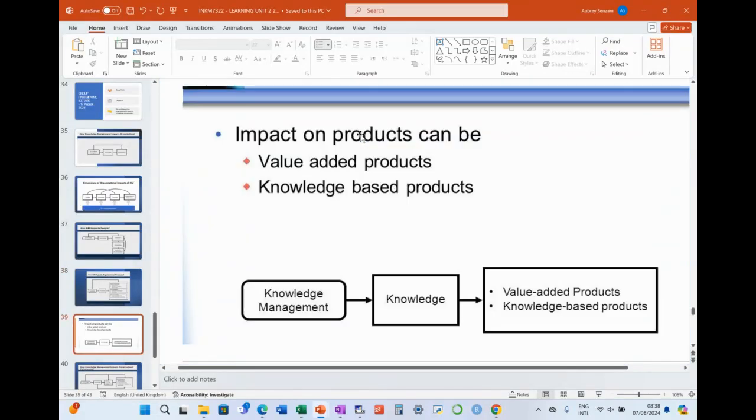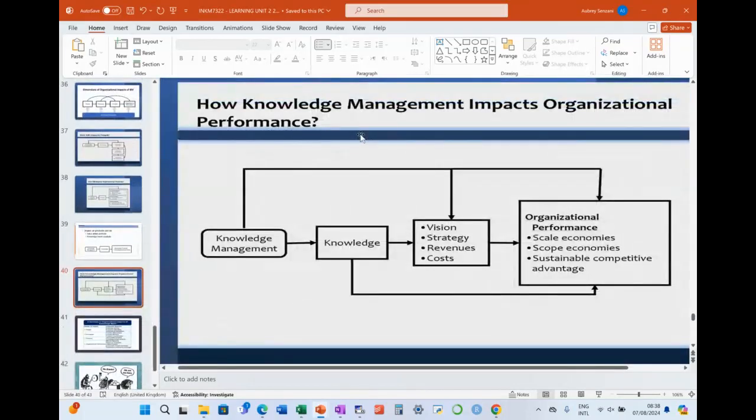So again, we're just graphically looking at what we've already discussed. And then there you can see organization. With knowledge, we can change the vision, change the strategy, revenues, costs.